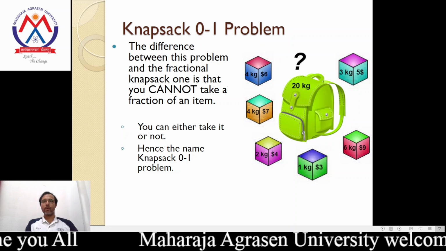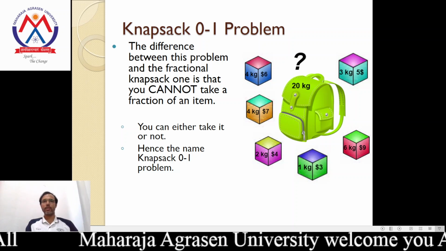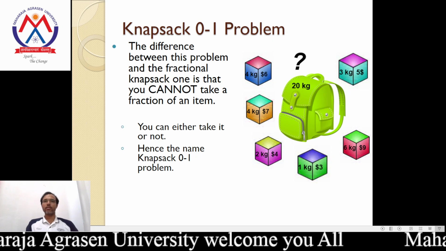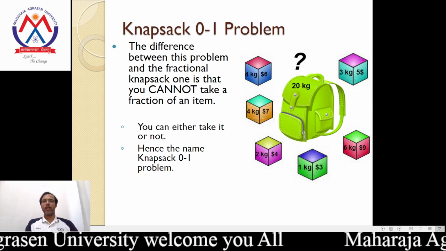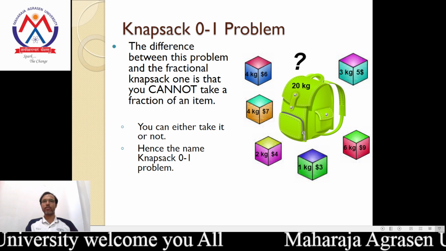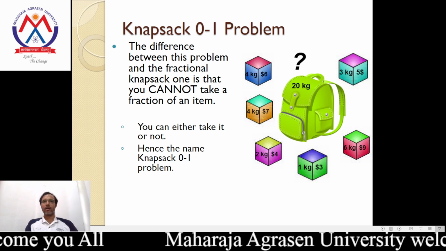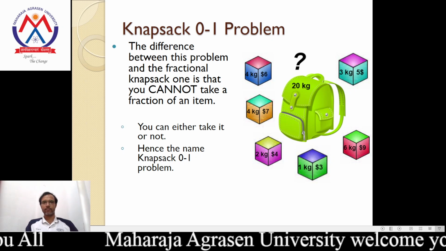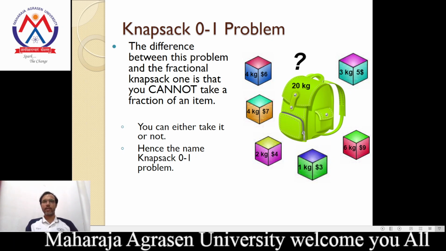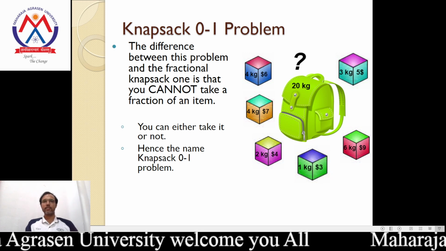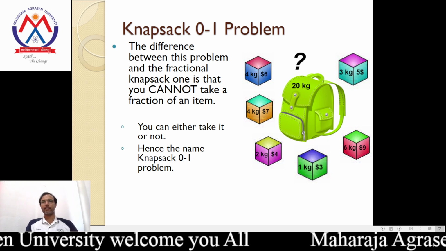The difference from the problem we solved in the case of the fractional knapsack is that in the zero one case you cannot take a fraction of an item, whereas in the fractional case you can take part of that weight. Now you can either take it or not. Either you select it or not, hence the name knapsack zero one problem arises.